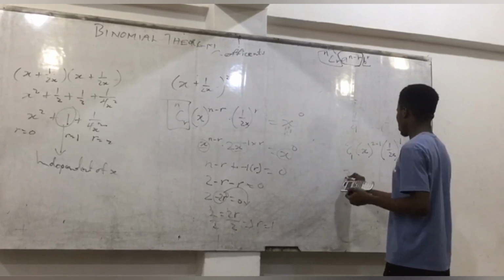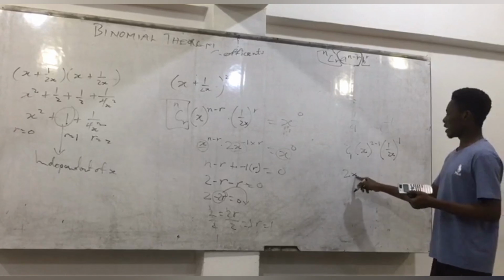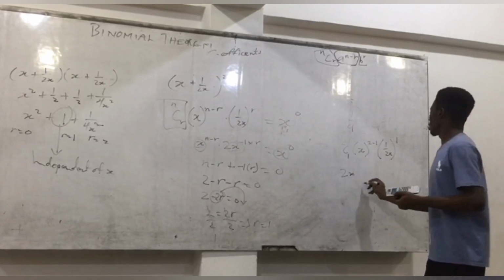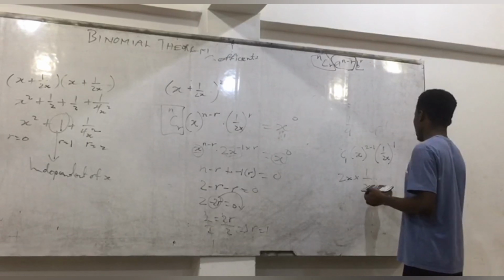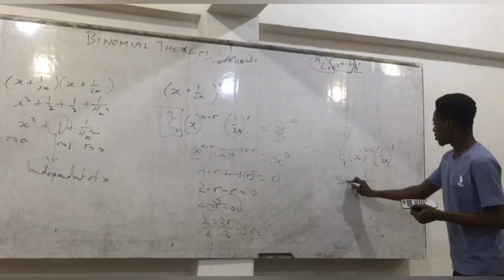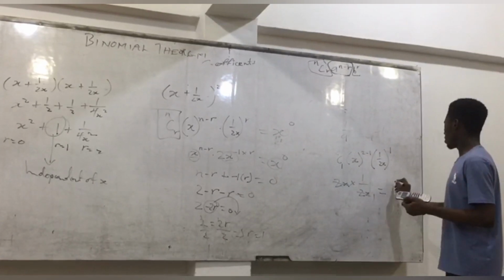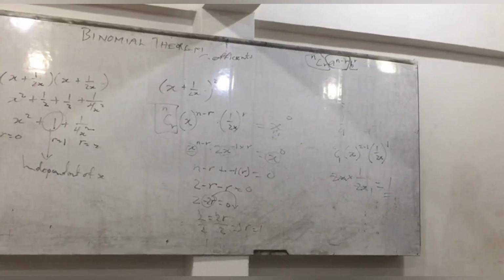Then x, so yeah, 2 minus 1 is x. Then times 1 over 2x, because anything to the power 1 is still the same. So this will cancel this. Then we get 1. So that's the term which is independent of x.